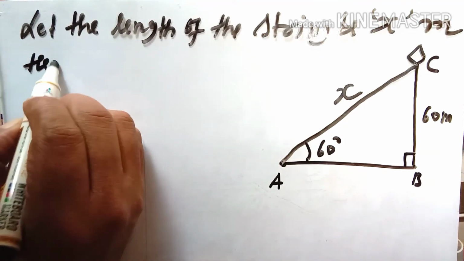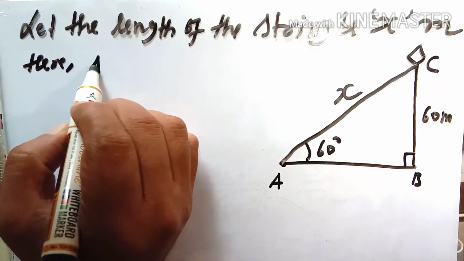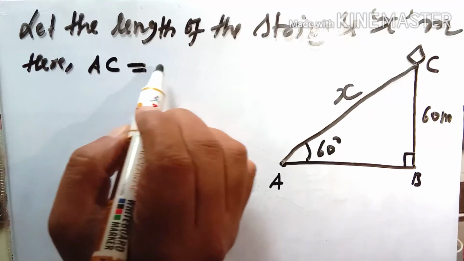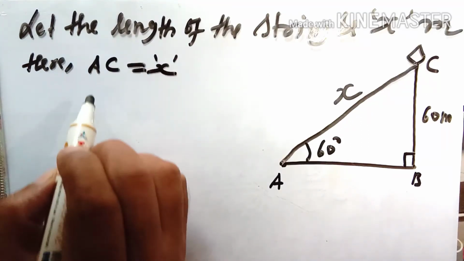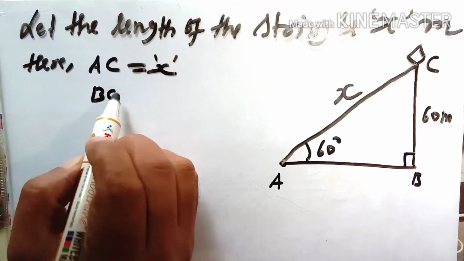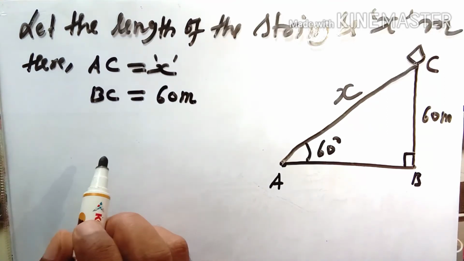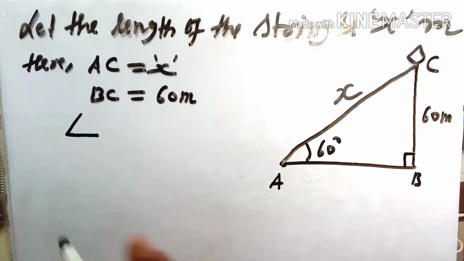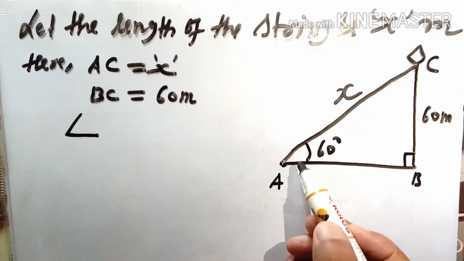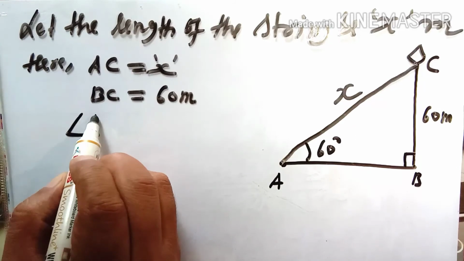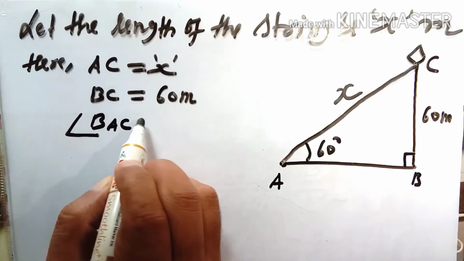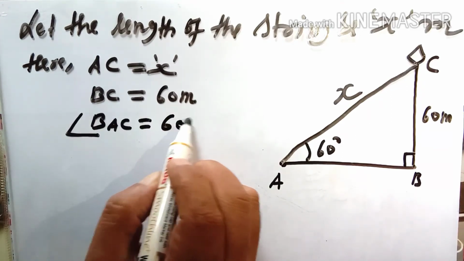From the given figure, I have labeled the string AC, which equals x meters, and the height of the kite from the ground level BC, which is 60 meters. And the angle BAC is 60 degrees.